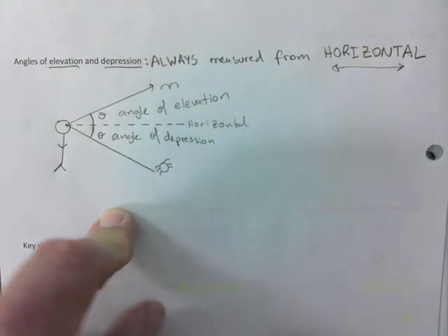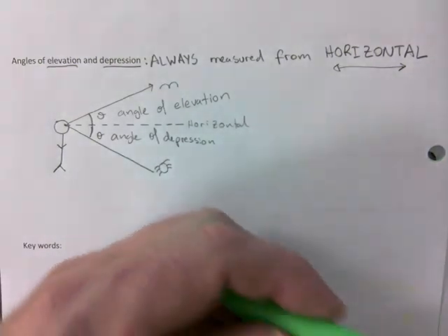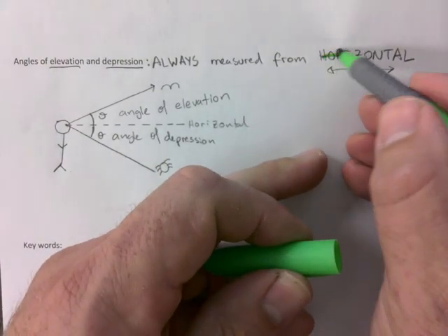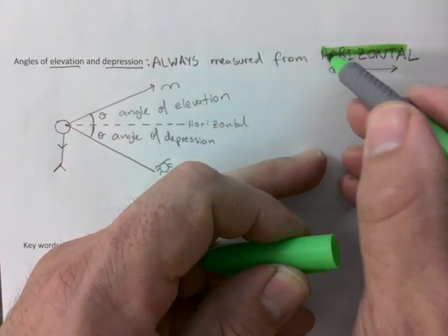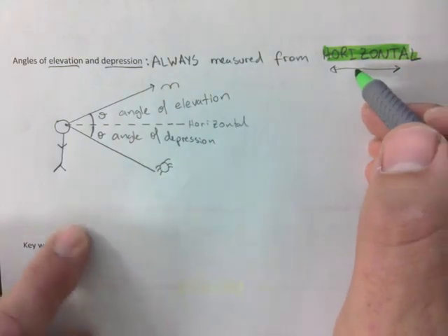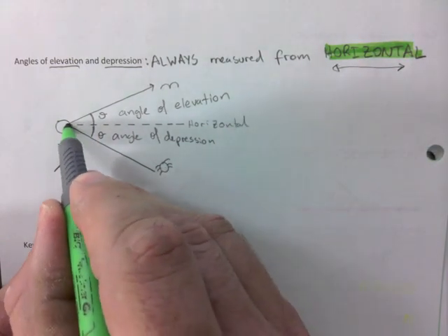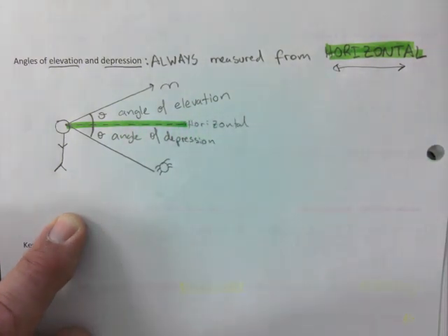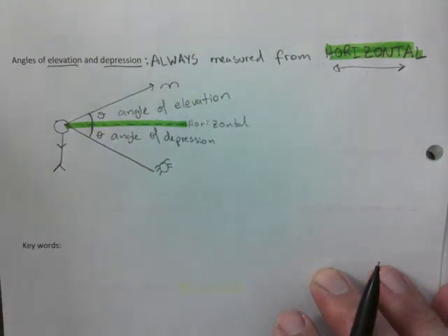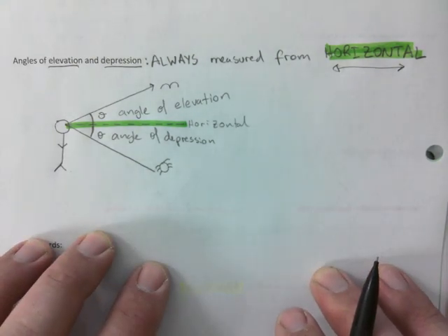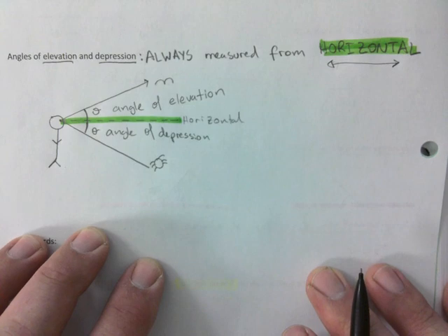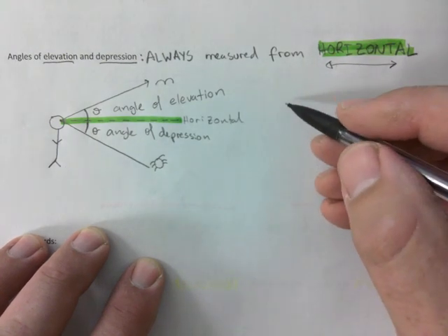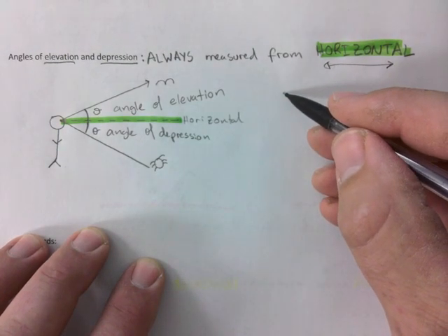Okay. And what I'm going to do here is to help you out. I'm going to highlight horizontal with whatever color you have. And then I'm going to go over here and highlight that horizontal line with the same color. It's like both angles were measured with respect to the horizontal. I'll give an example.